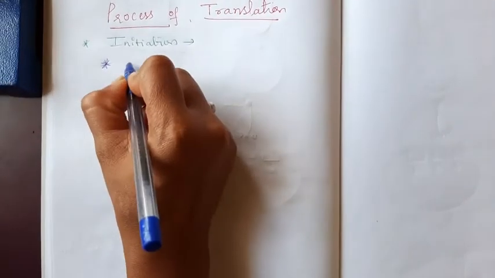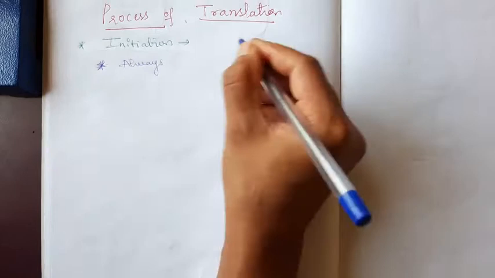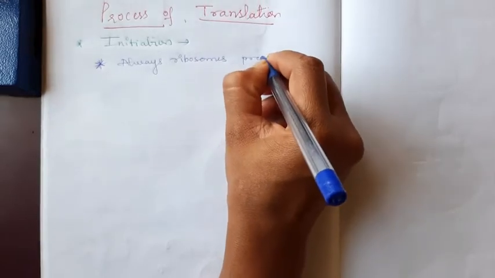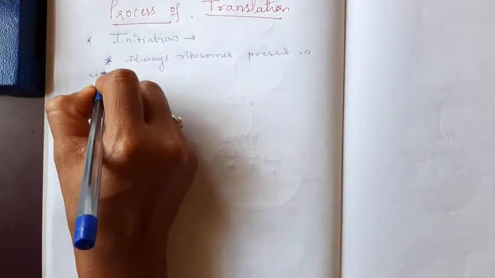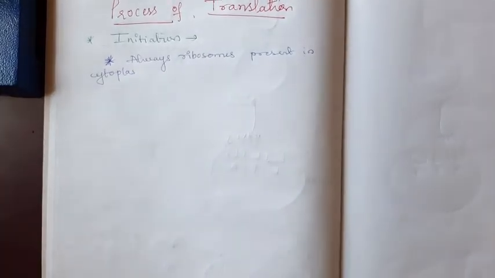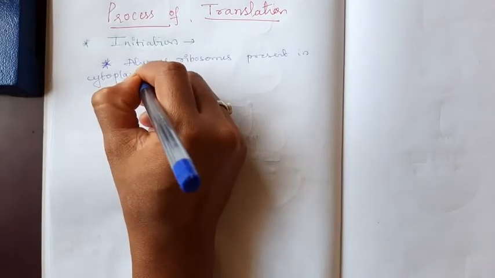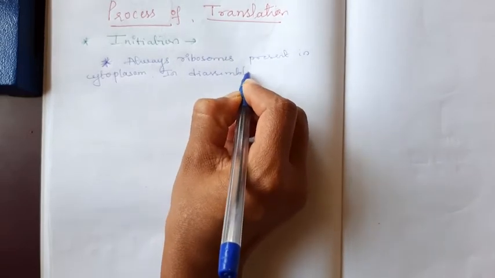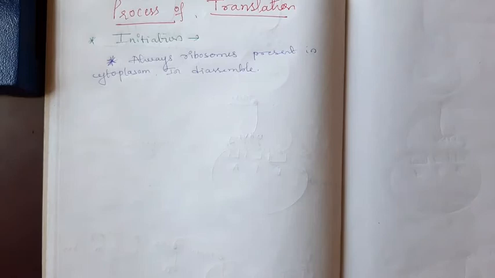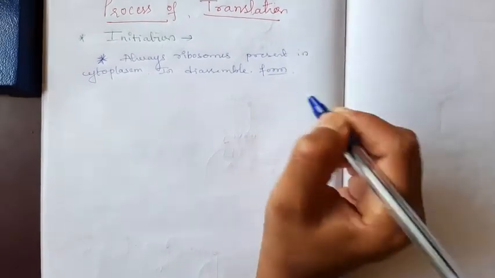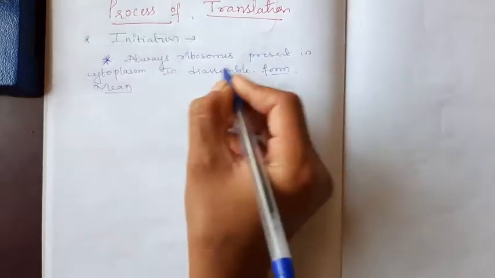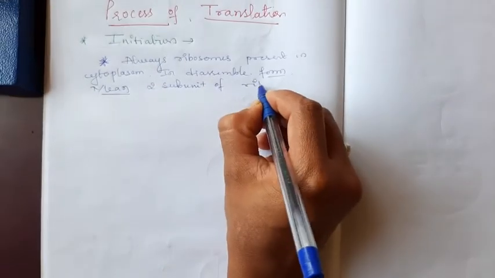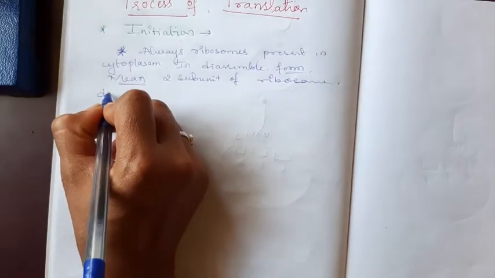Always, ribosomes present in the cytoplasm are in disassembled form, which means the two subunits of ribosomes are disassembled.